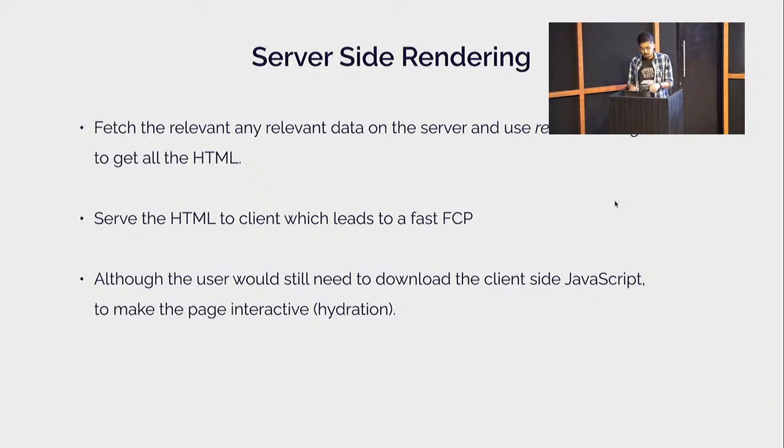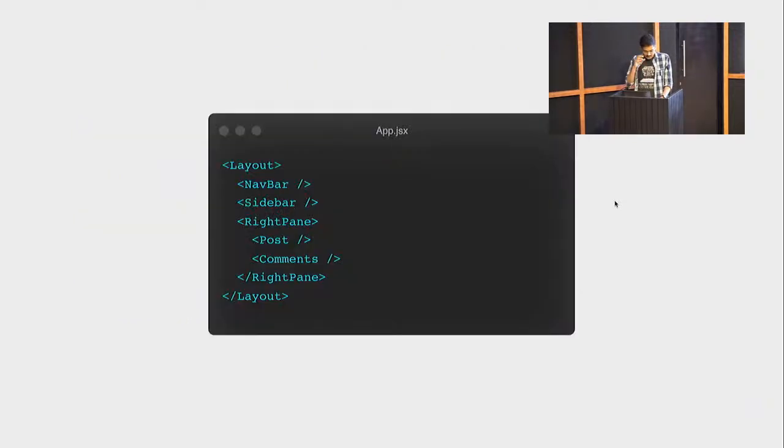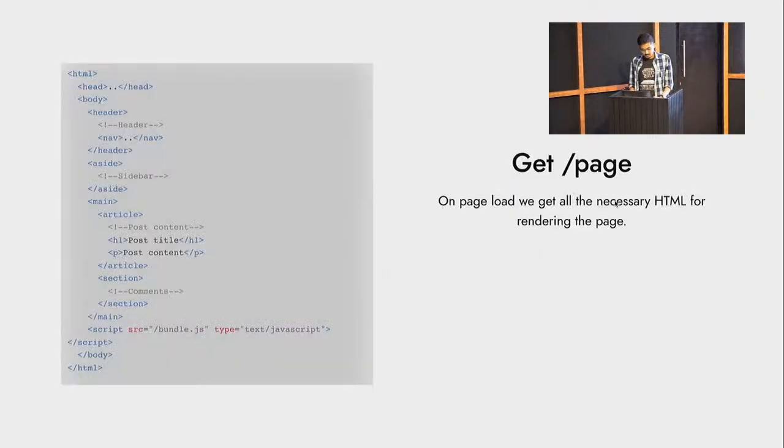So I'll just show you with an illustration how it works. Again, we have the same app. This time, in the beginning, we run the client's JavaScript on the server, which first fetches all the data and then runs this code via renderToString, which gives us the initial HTML, and then we serve it to the client.